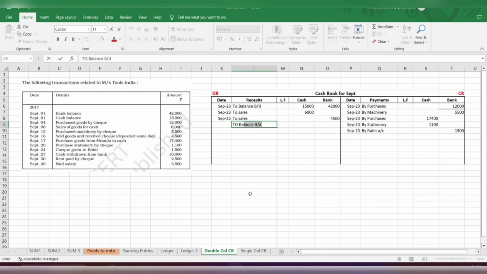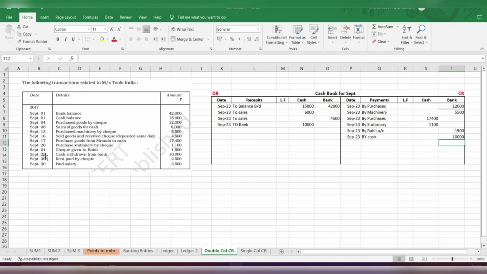So here you write, why are you receiving? Because you have withdrawn from the bank. How much? 10,000 rupees. In the same sense, for your bank account, it is a payment. So by cash, bank column, 10,000 rupees.